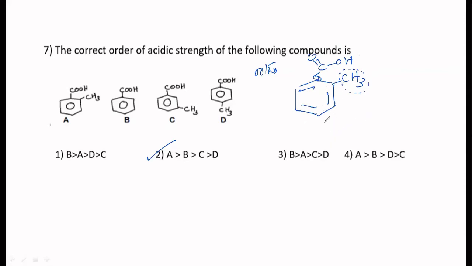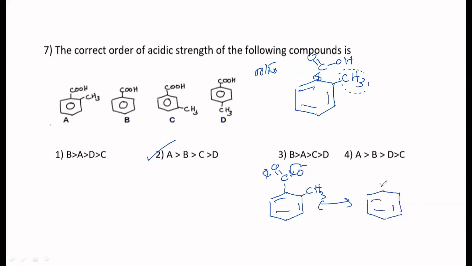So now this molecule finds its own way of stabilizing that. How is it going to do that? This carboxylate loses that proton, and O minus it becomes. So this will come here, this will go there. You will get only two structures, but those two structures are equivalent structures.